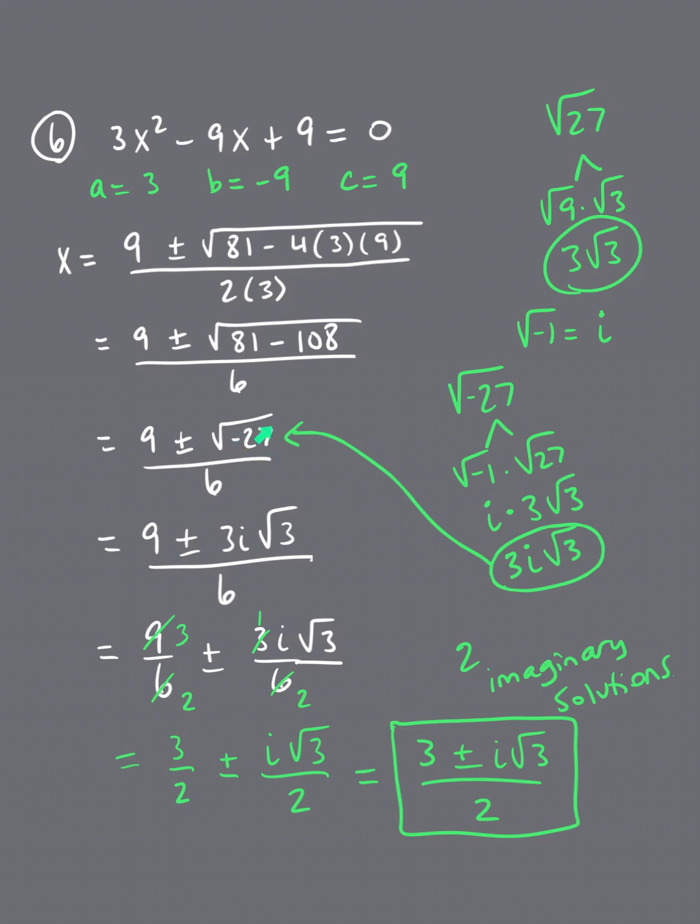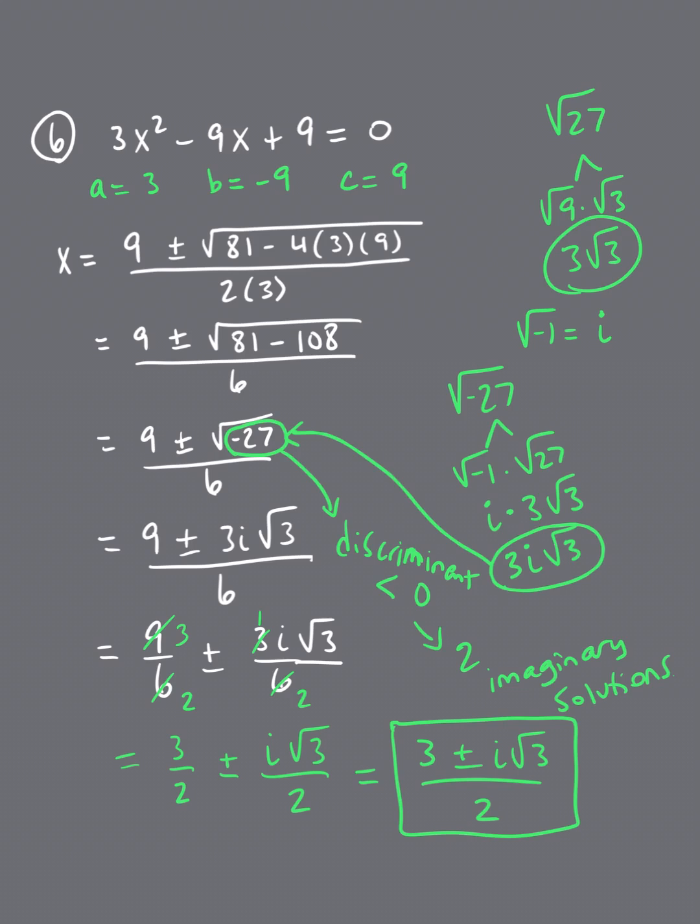Just b squared minus 4ac would have given us a number, negative 27. So that is a negative discriminant. Your discriminant is less than 0, and therefore you get 2 imaginary solutions, because anytime you have a negative under a square root, you're going to have an imaginary number.